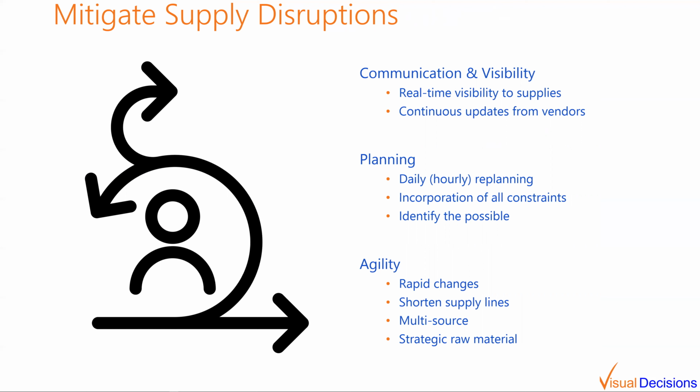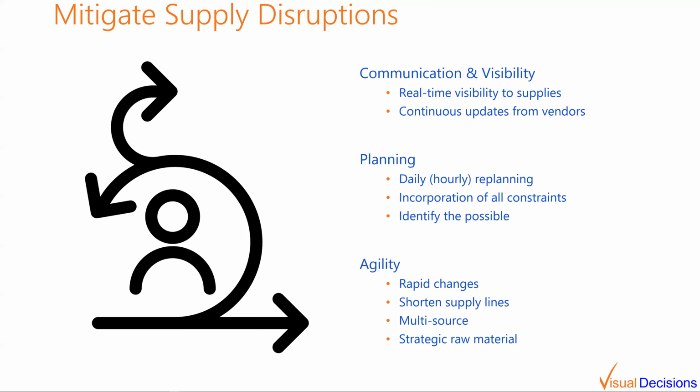And so being able to talk to them and understand where their issues lie and being able to project more effectively than just what the due date is, when those materials will realistically arrive, is going to be beneficial to your planning efforts as well.